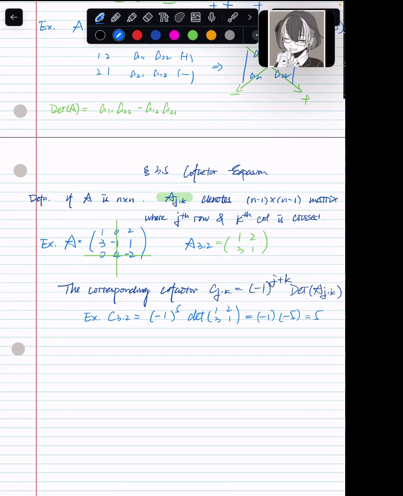All right. So with this definition, we can come up with the theorem. This theorem is called the cofactor expansion, where if we have a matrix n by n, we can get the determinant by expansion along the row j.